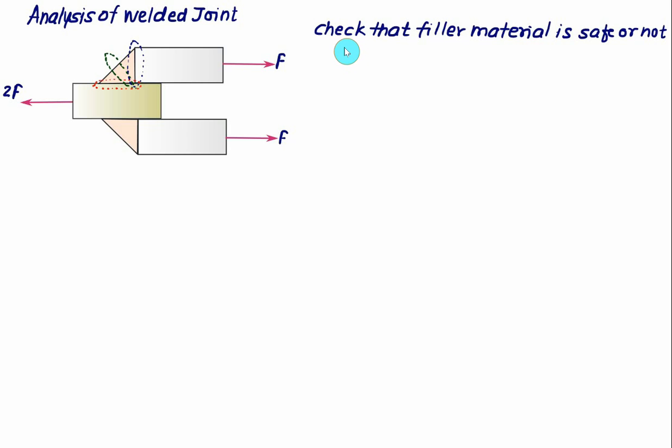We know that tau max, according to the conservative model, is given as 1.414 multiplied by force F divided by H into L. So you have to select the filler material whose shear stress is more than the given value. Then the joint is safe. So the value of tau max must be less than or equal to the tau of the filler material. Similarly, the value of tau max should be less than or equal to the value of tau for the parent material.